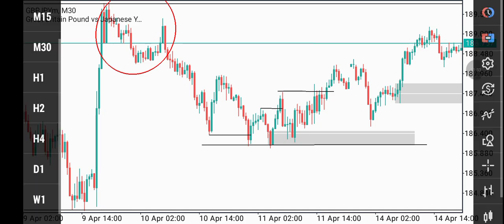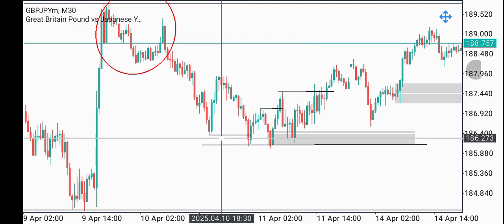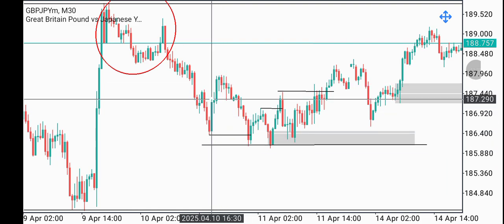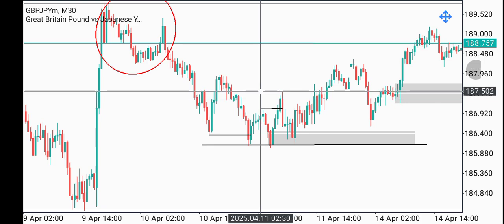This is a signal that the market doesn't want to continue a bearish move to the downside again, but at least it's a shift that the market is not continuing and is pushing to the upside.